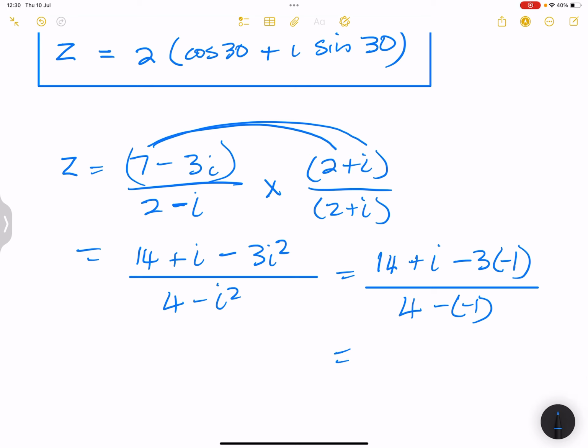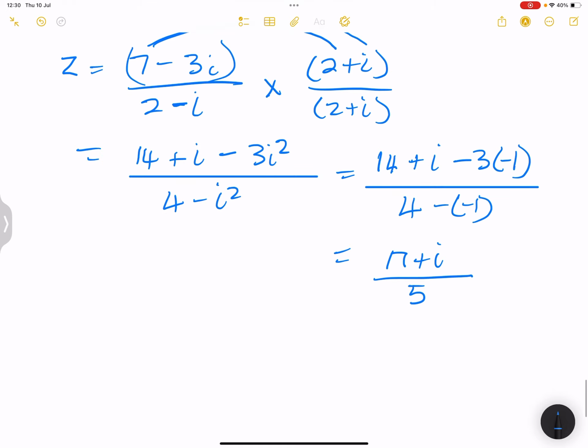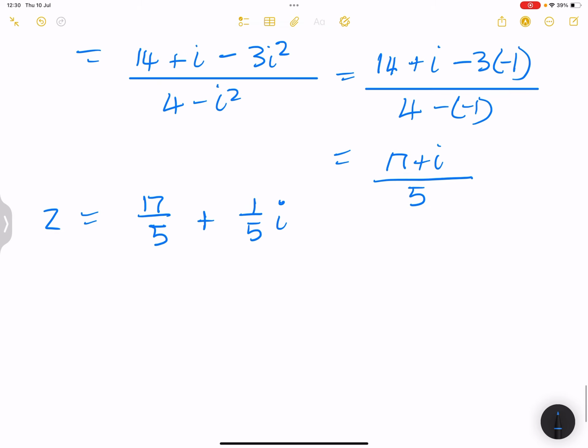We've got 17 plus i divided by 5. And so we've got z giving us 17 over 5 plus 1 over 5i. Am I correct? Yeah, I think so. If I'm not, please just indicate in the comment section.